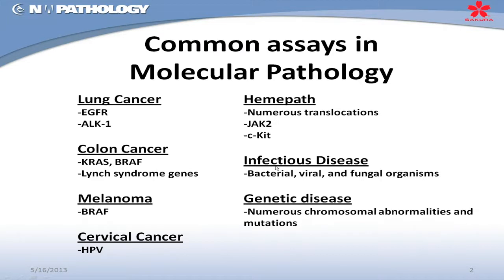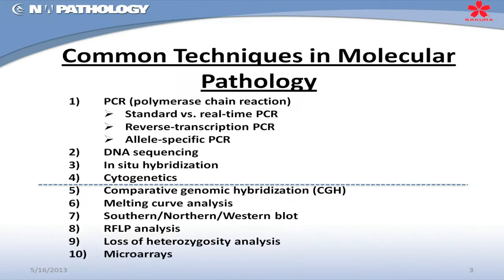We can also use molecular pathology in infectious diseases, and I'll describe some examples in the talk. We can use various molecular assays to detect bacterial, viral, and fungal organisms in specimens, and also to detect genetic or inherited diseases. This is a short and partial list, but it shows how many different things are out there and becoming commonplace, which are important to be aware of.